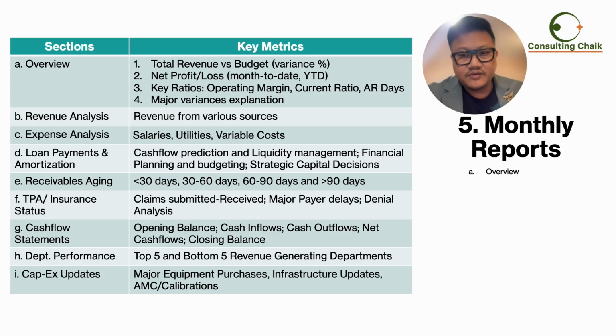This overview provides the leadership with an instant snapshot of the financial health, and it also highlights critical issues needing immediate attention. Okay, it sets context for the further detailed analysis.